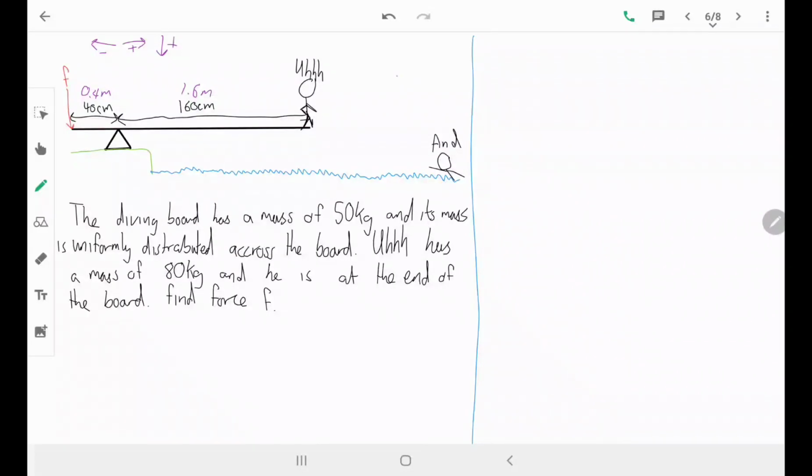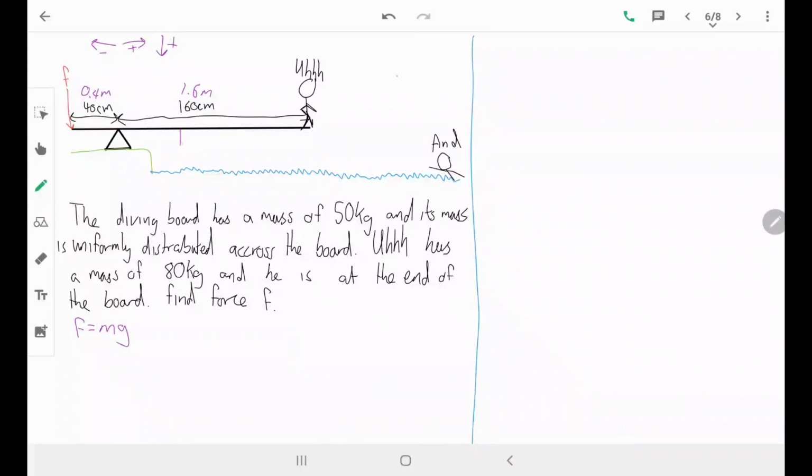We then need to think about our forces. So yes, we have this force F, but we also have the force of the weight of the board, and we're going to use F equals mg, where g is your gravitational field strength and m is the mass. Our gravitational field strength on Earth is about 9.81.